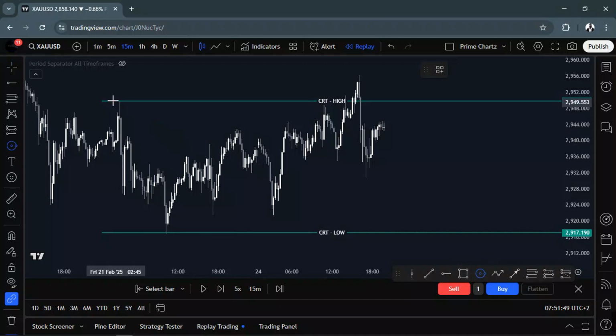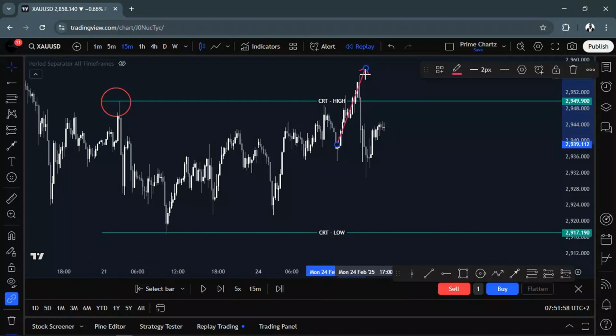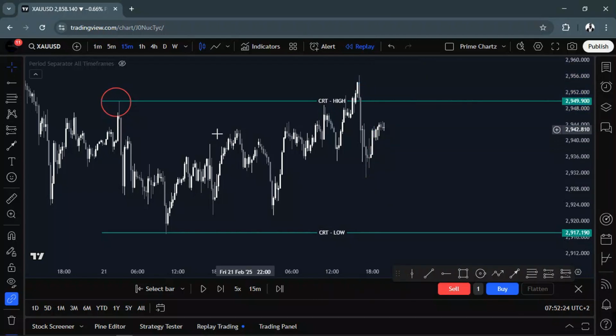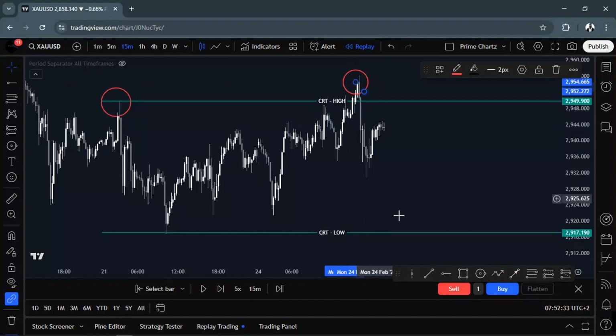Alright, traders, remember this is our swing high right here, and from here we can see that price has taken out the liquidity resting above this swing high right here, right? And we can also see that price reversed back into the range. This is what we want to see. We see an accumulation phase and manipulation right here, price taking out the liquidity, and then price quickly moved back into the range, right?